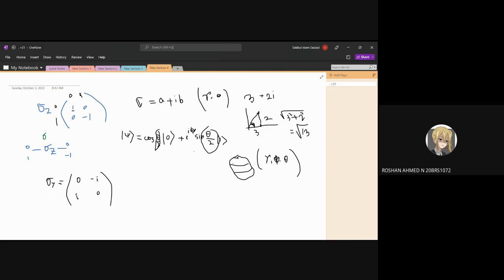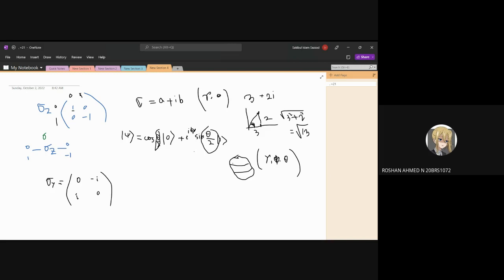I have one doubt, sir. Most of the time we use this bracket notation to represent probability, right? Like cos theta by 2 and i sin theta by 2. We use it to represent probability because 0 means there's no chance of that output, and 1 means 100% chance of that output.